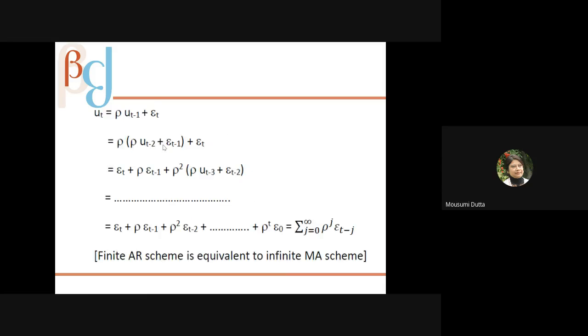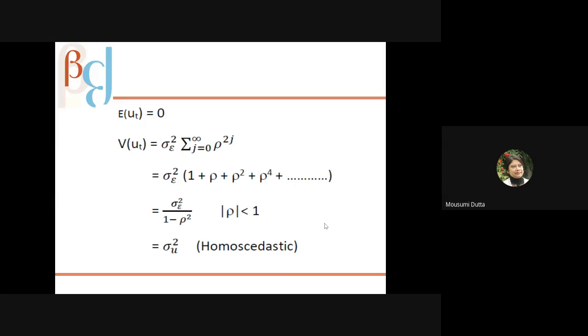And as I mentioned, when we calculate the variance, all the constant terms appear with a square, because it is like (a plus b) whole square. So I am writing it as the summation from j equals 0 to infinity of rho to the power 2j.